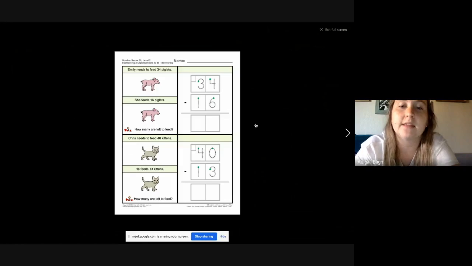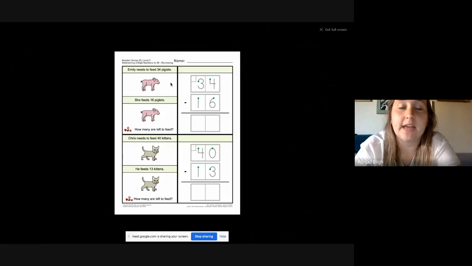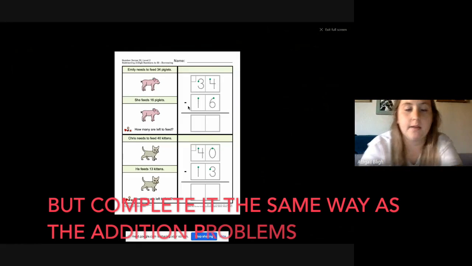This one as an example, at the top it says Emily needs to feed 34 piglets. She feeds 16 piglets. How many are left to feed? That keyword left means that I'm going to be subtracting, taking away. You're going to do each problem like that. Now, some of you again have problems that do not have the numbers filled out on this side.